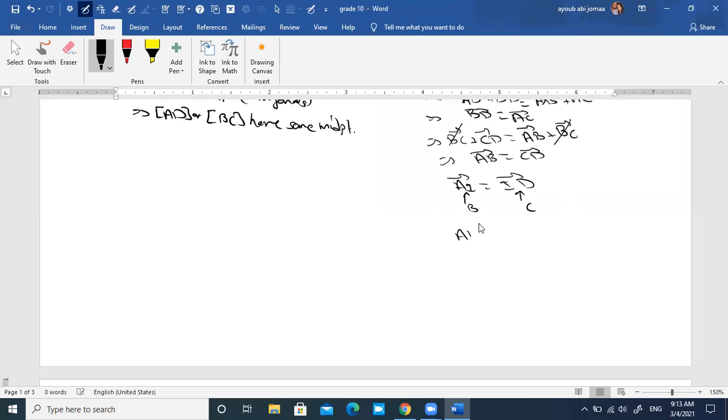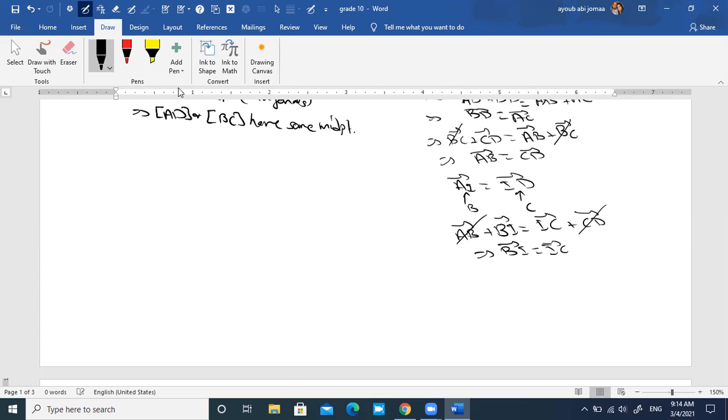Then you get AB plus BI is equal to IC plus CD. But AB is equal to CD, so BI is equal to IC.